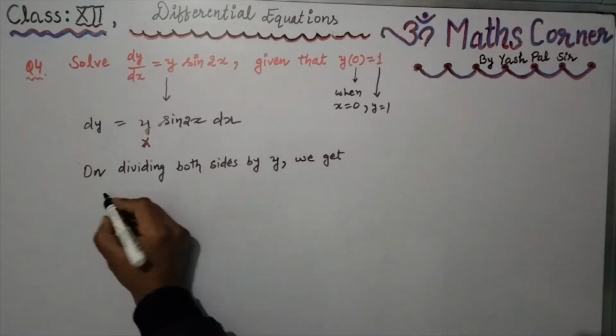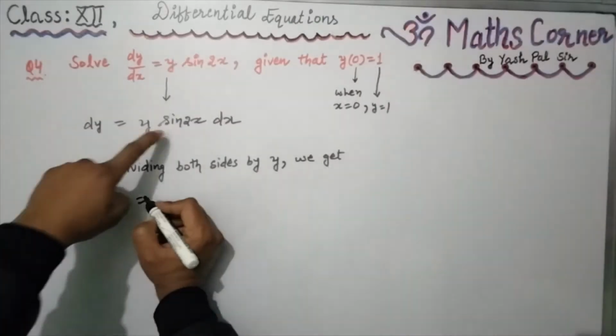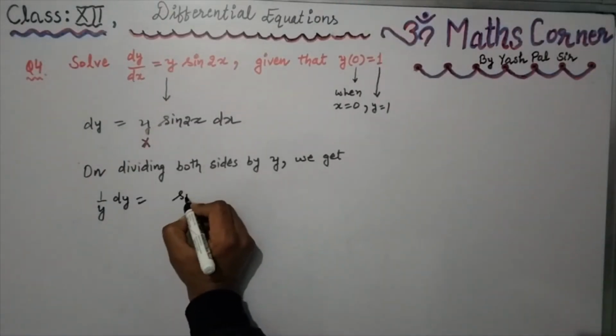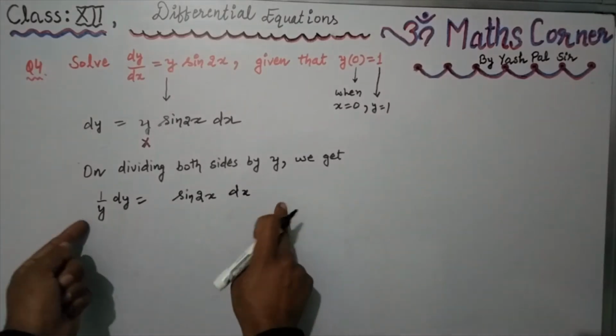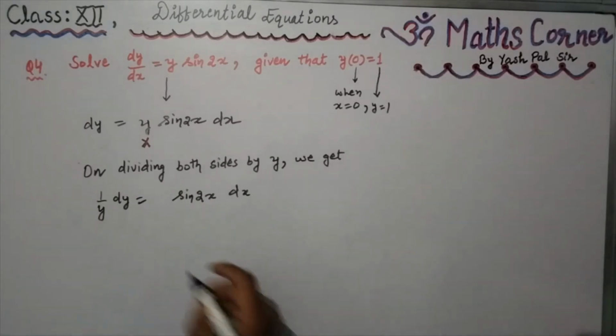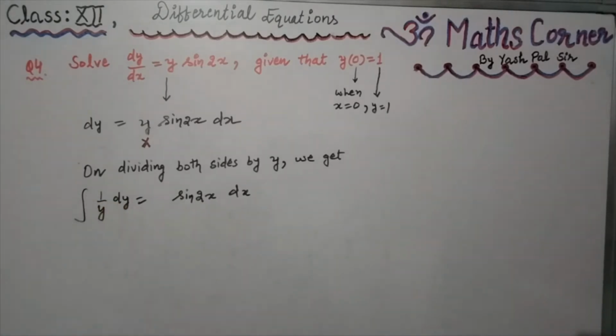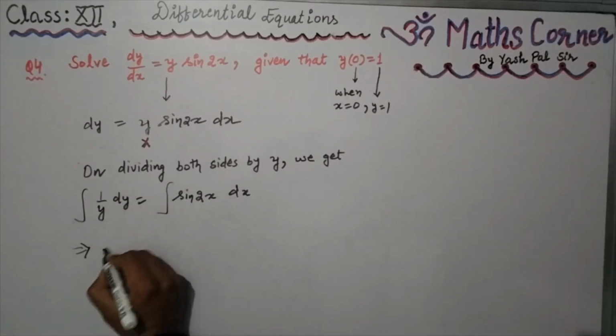So on dividing both sides by y, we get 1 upon y into dy, and on the right hand side we are left with only sine of 2x into dx. And what should be the next step? Of course, taking the integration on both sides. That is, we insert the integration symbol like this.